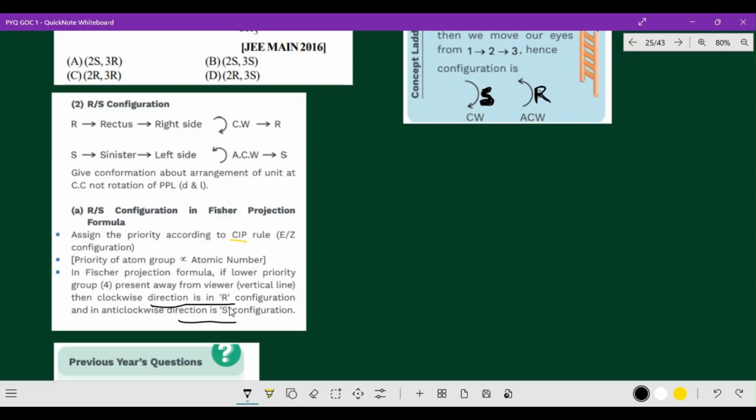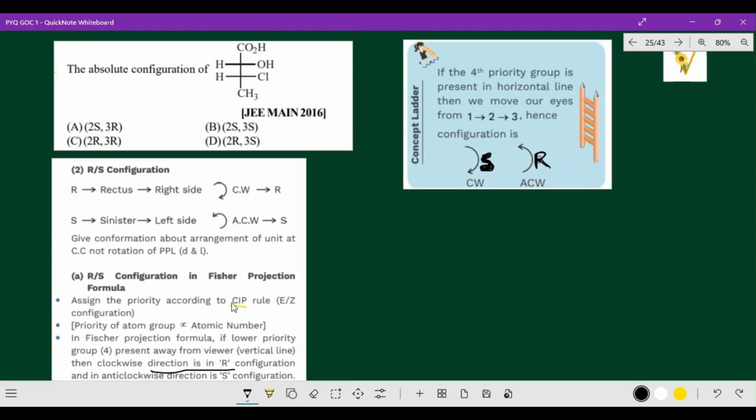Okay, now let us get a clear idea about RS configuration. If the fourth priority group is present on the horizontal line, let me draw this point for you. Here we have 1, 2, 3 and 4, according to atomic number, higher priority 1, 2, 3, 4.